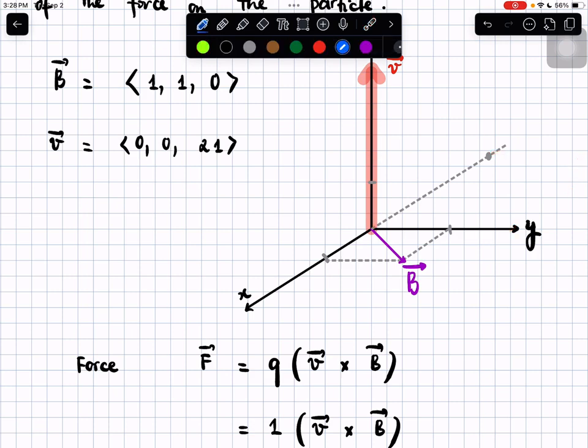If we sketch the force, it looks like this: minus 21 here, 21 here, and 0. So here's the force, vector F.